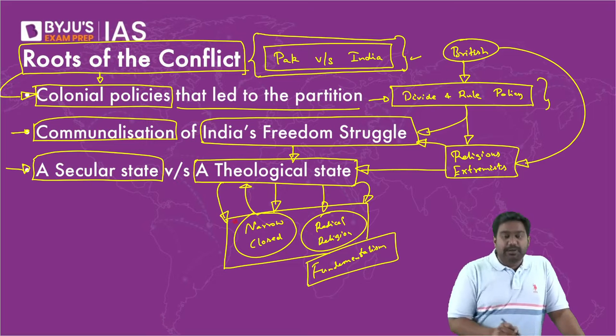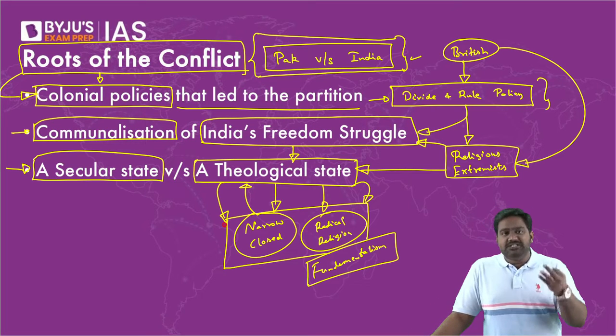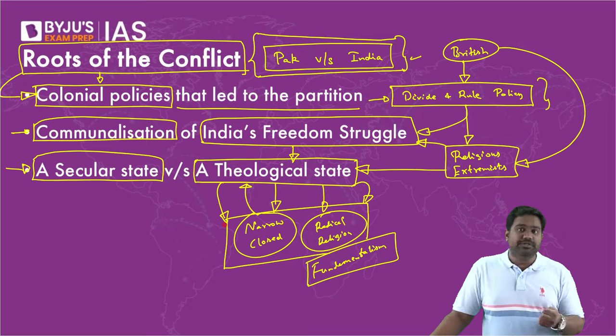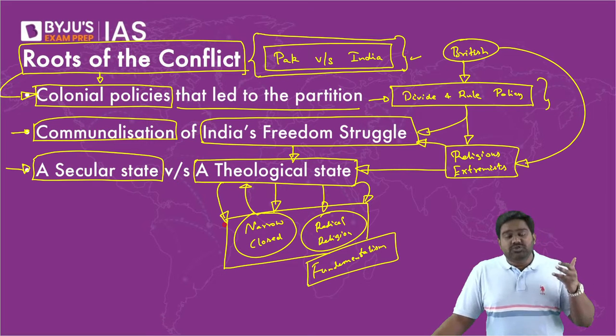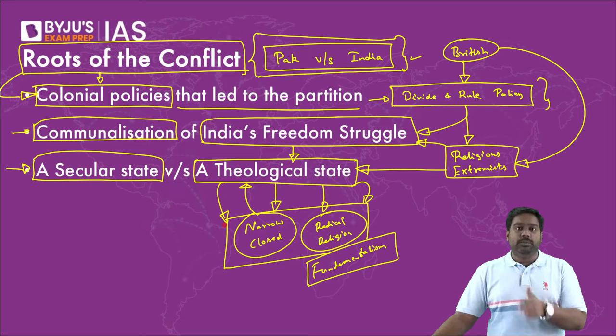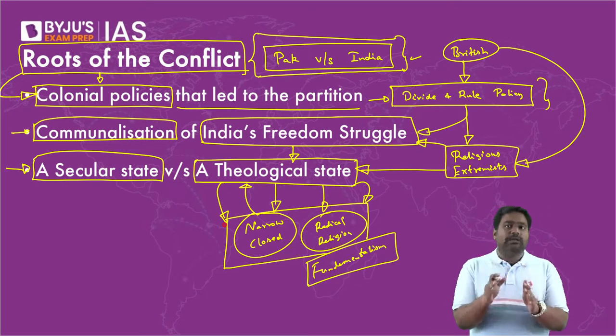Right from independence, all religious minorities, be it Hindus, Sikhs, Buddhists, Christians, and even Muslims, like Shias, for example, Hazaras, Ahmadiyas, even Sunni Muslims who wouldn't abide by the rigid version of the state religion that Pakistan was promoting, they would all be targeted and persecuted.